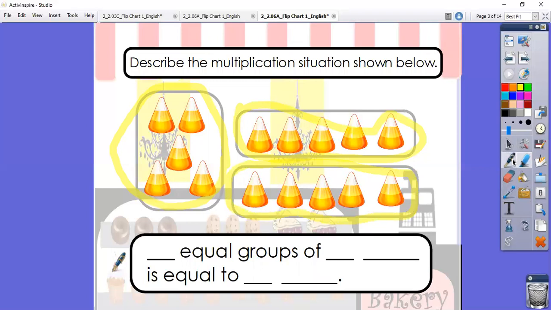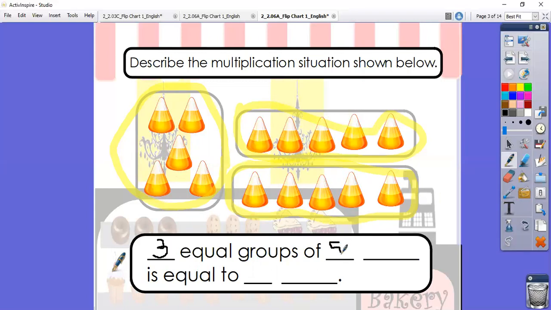So here I have 3, ooh, it says 3 equal groups. Are they all equal? I forgot to double check. Let me double check if they're all equal. 1, 2, 3, 4, 5. Okay, that has 5. 1, 2, 3, 4, 5. Okay, that matches. 1, 2, 3, 4, 5. Yes.